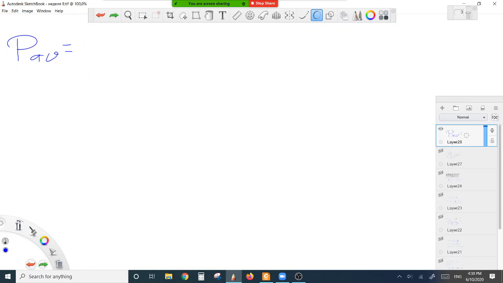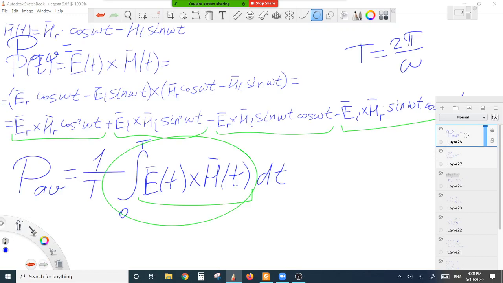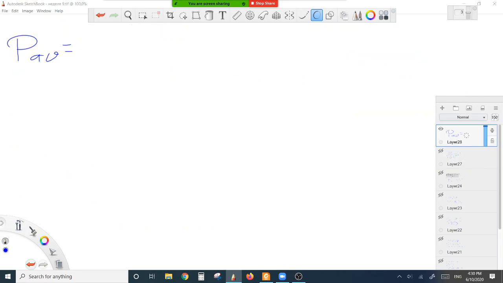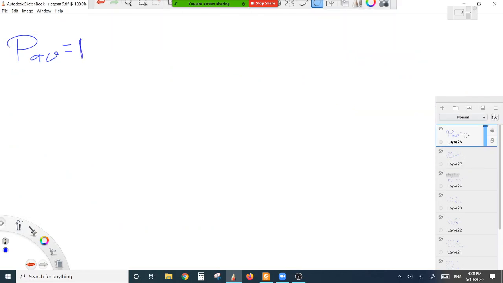The first integral will be E_R cross H_R, and instead of 1 over T, we put omega over 2 pi, and integral from 0 up to 2 pi over omega.